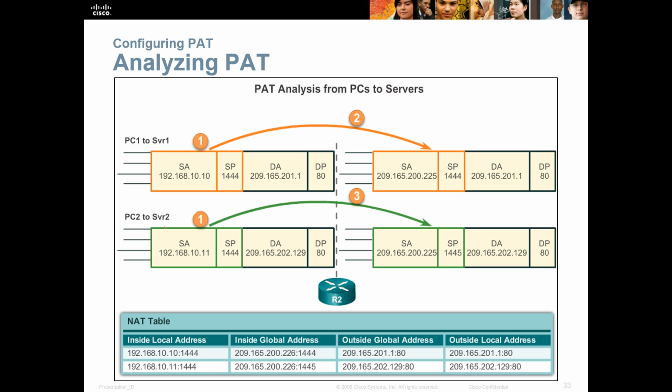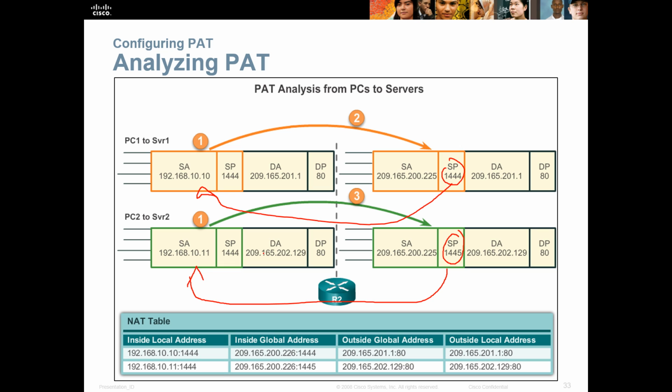So PAT, again, will randomize the ports. That way, coming back in, it knows that this port is associated with that address.